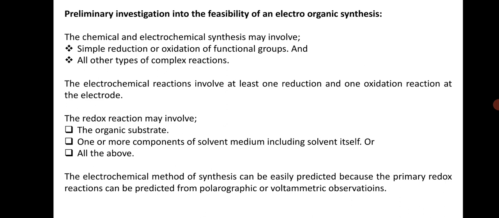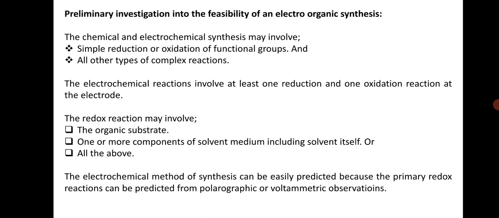The electrochemical reactions involve at least one reduction and one oxidation at the electrode, and the redox reaction may involve the organic substrate, meaning the reactant, and one or more components of the solvent or medium, including the solvent itself, or all the above.